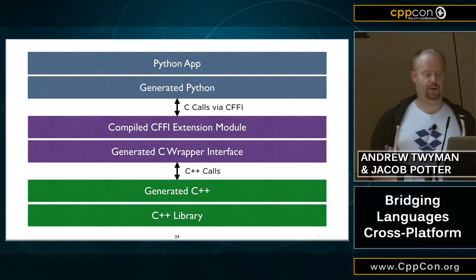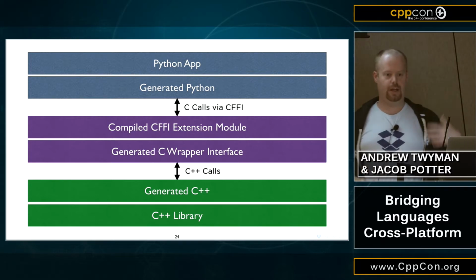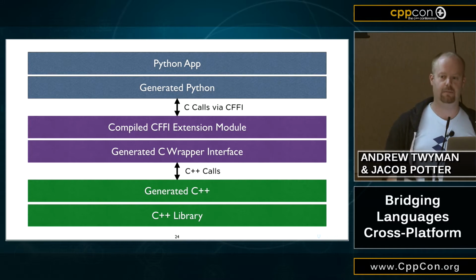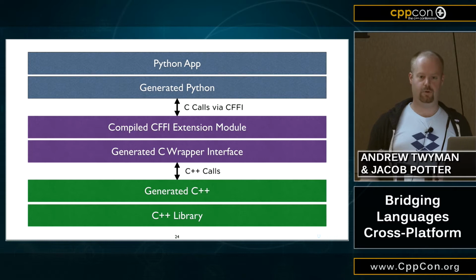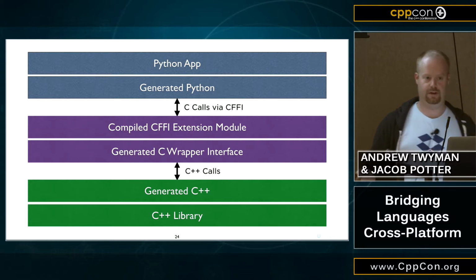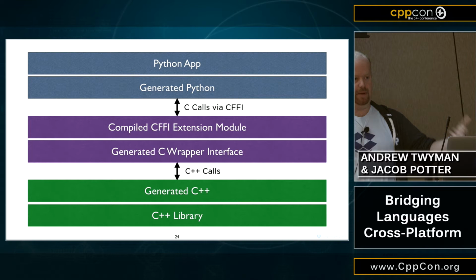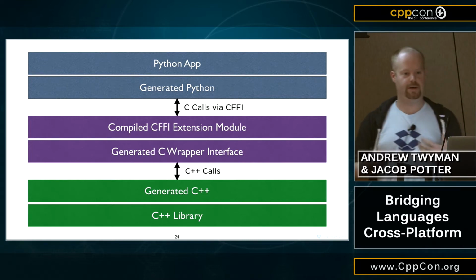So here are the layers of a Python app that uses Djinni. You've got the app itself. You've got those generated Python classes that look like the examples I showed you. You've got this compiled extension module, which is what CFFI generates, which is specific to the Python implementation. You've got a C interface that Djinni generates, which is C functions that are implemented in C++. This is a common thing you've probably seen if you ever had to interact with C code before.